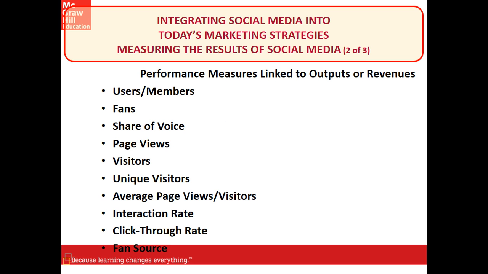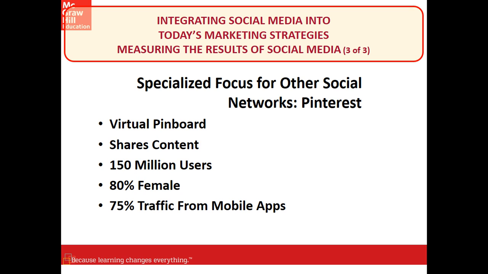Okay? And measures for output of revenues, you can consider the users, fans, number of fans, share of voice, page views, visitors, unique visitors, average page views per visitor, and the interaction rate, click-through rate, fan source. These are the things you can measure to evaluate performance.